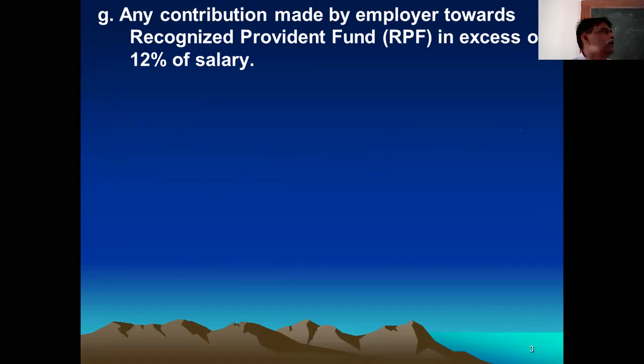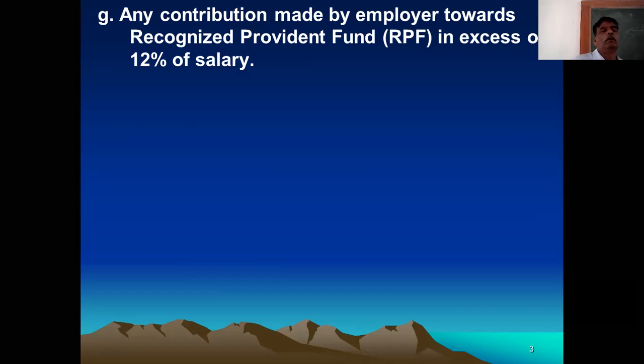I'll explain it in the next class: what is recognized and what is unrecognized. Recognized means the provident fund recognized by the income tax authorities under the Income Tax Act 1961.